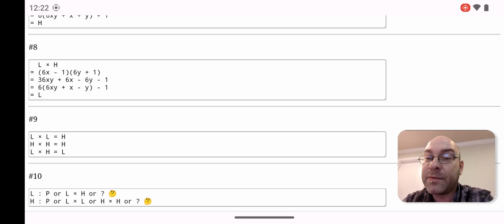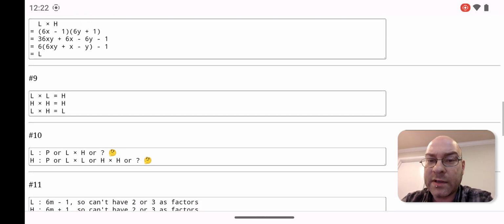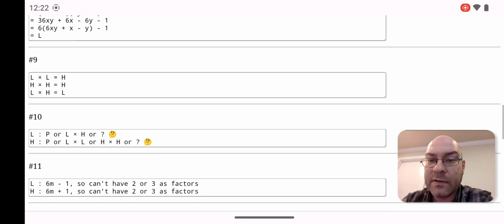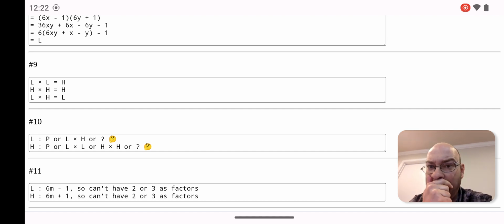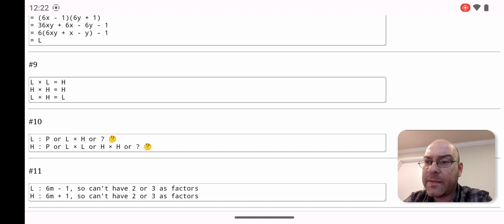And with highs, they can be primes, or they could be the result of a low times a low, or a high times a high, or maybe something else. Well, what can we say about any of that? If we have a low and we're claiming that it is not a prime, but it's a composite number, then what can we say about what its composition will be?